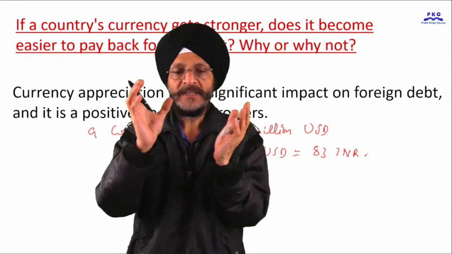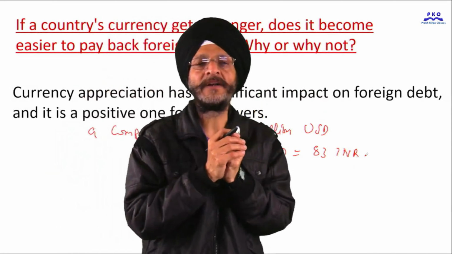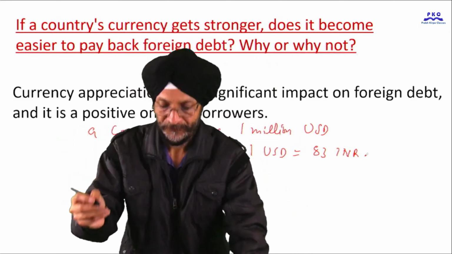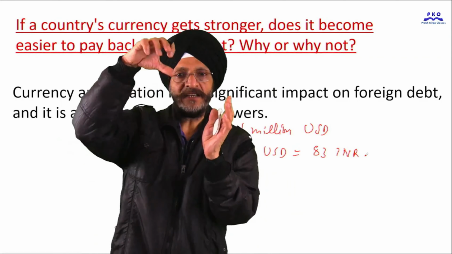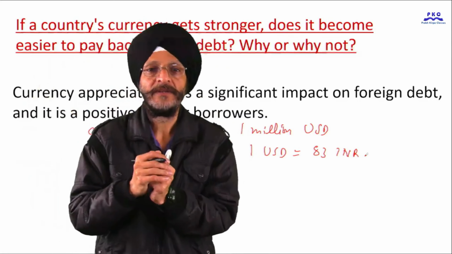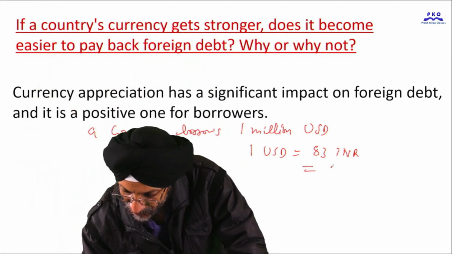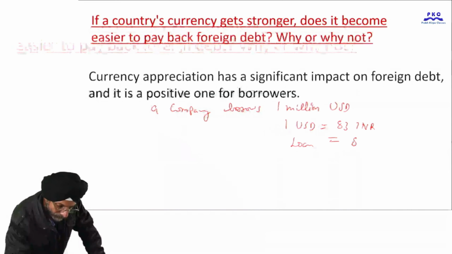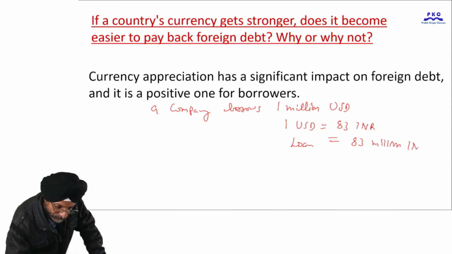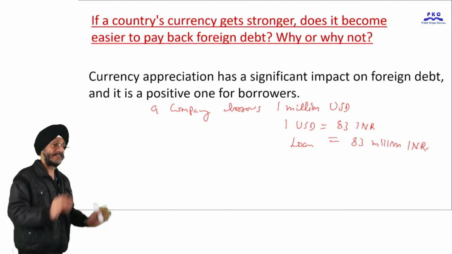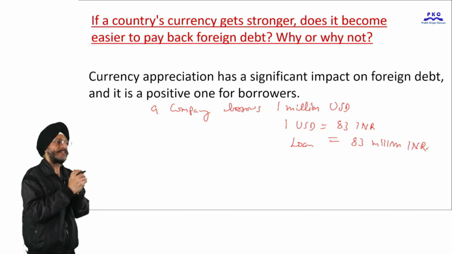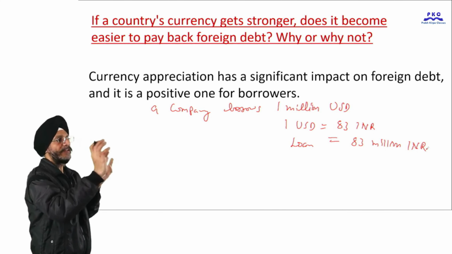So what is the loan which has been availed by a company or the government of India? If the current value of the loan in Indian rupees is 83 million Indian rupees, this is the present-day value of the loan which has been availed by the government of India or any company in India.